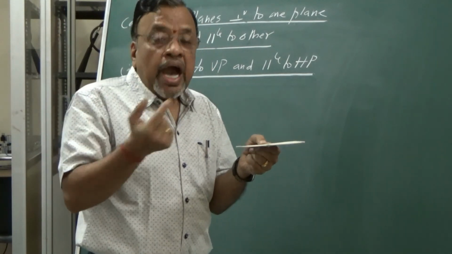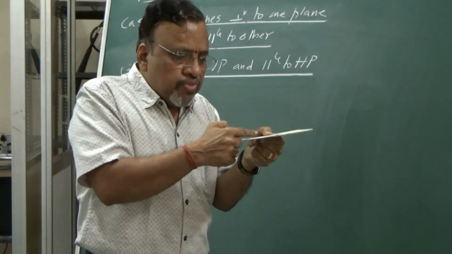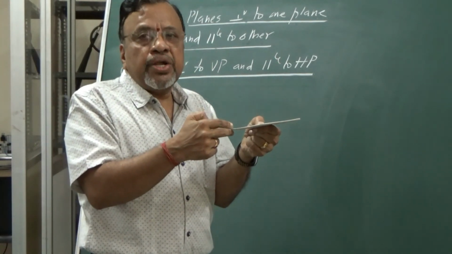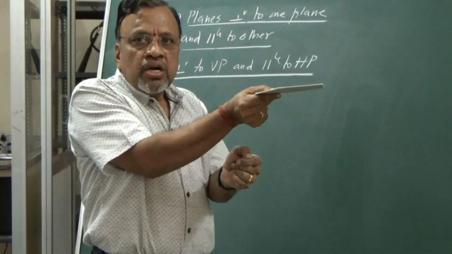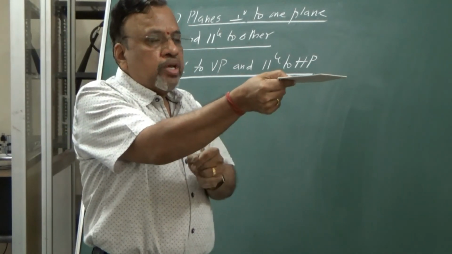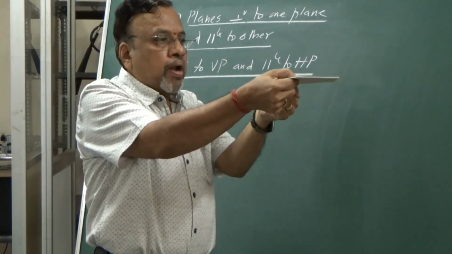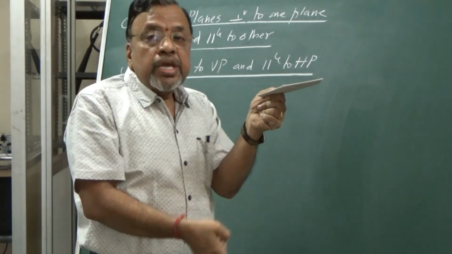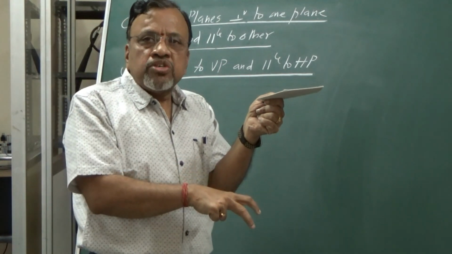That means I need to state one of the sides, whether that side is parallel to VP like this, or inclined to VP like this, or perpendicular to VP. If I give that statement, then you are going to get a unique solution.